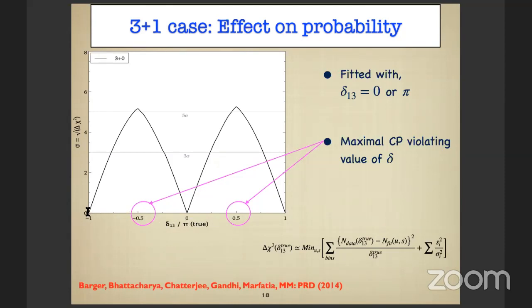When the CP phase is 0, the square root of chi-square, the sigma, is 0, and it progressively increases and reaches a peak around -pi/2, the maximally CP violating value. It is natural to expect the highest sensitivity to CP violation at the maximally CP violating value, and again at the CP conserving value 0 we get zero sensitivity to CP violation.